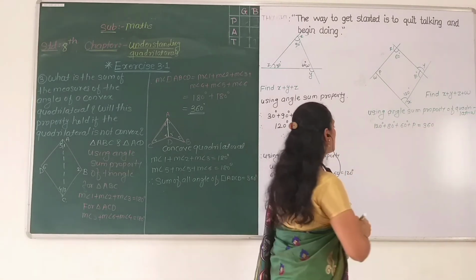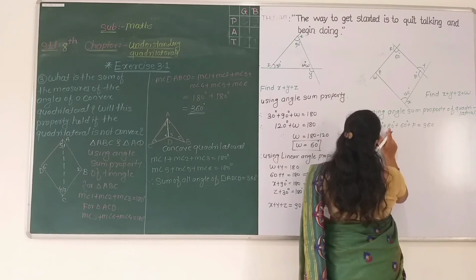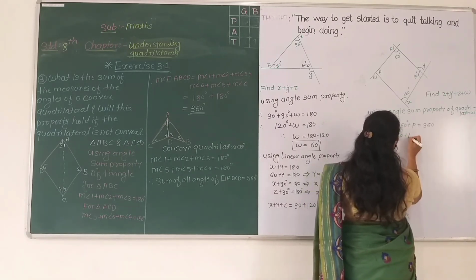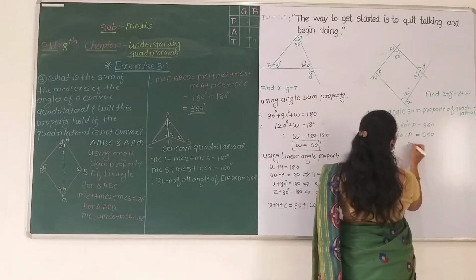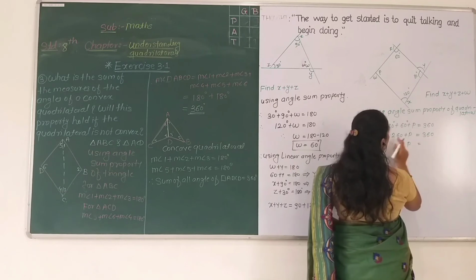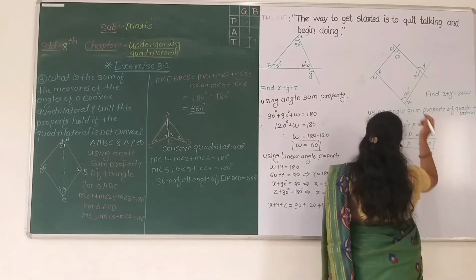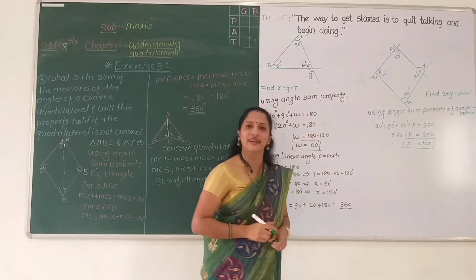Okay, using angle sum property. So now we get 120 plus 80 is 200, and 200 plus 60 is 260 degrees, plus p is equal to 360. So therefore the value of p is equal to what? 360 minus 260. So the value of p is 100 degrees. So here we get the fourth angle of the quadrilateral is 100 degrees.